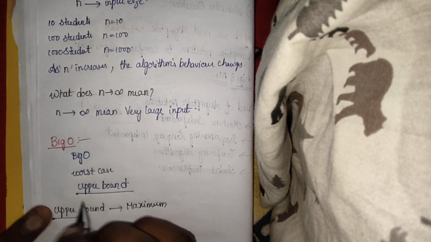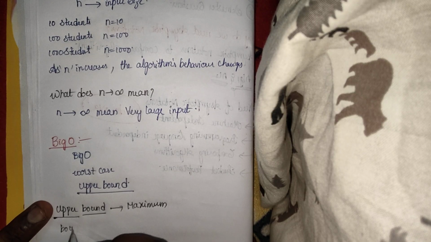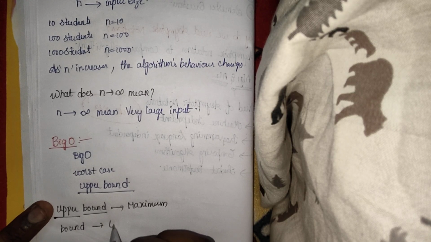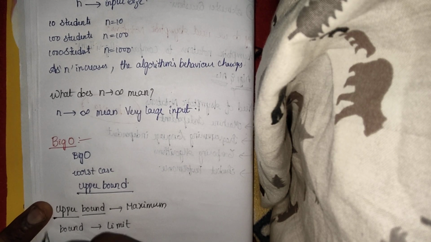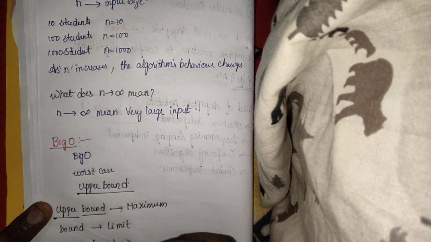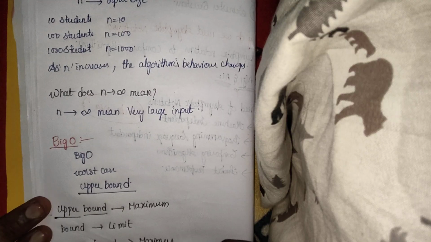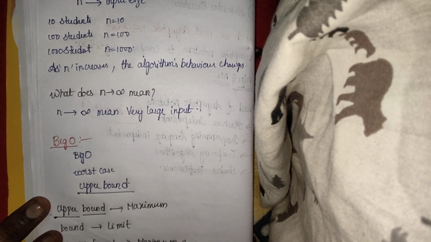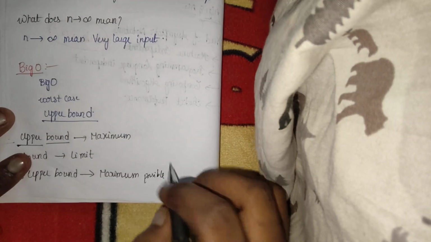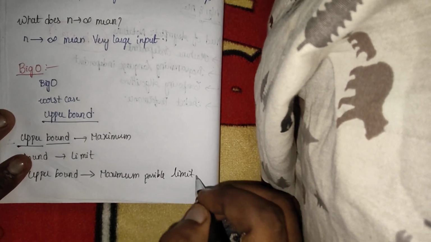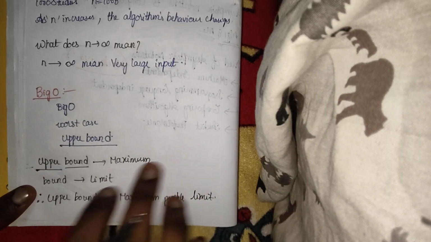Upper means maximum, bound means limit. Therefore upper bound means maximum possible limit.